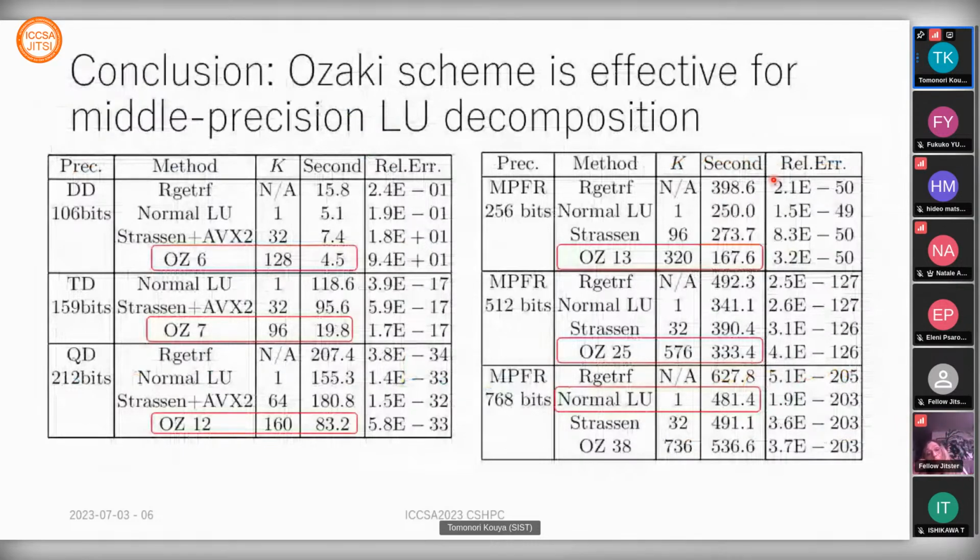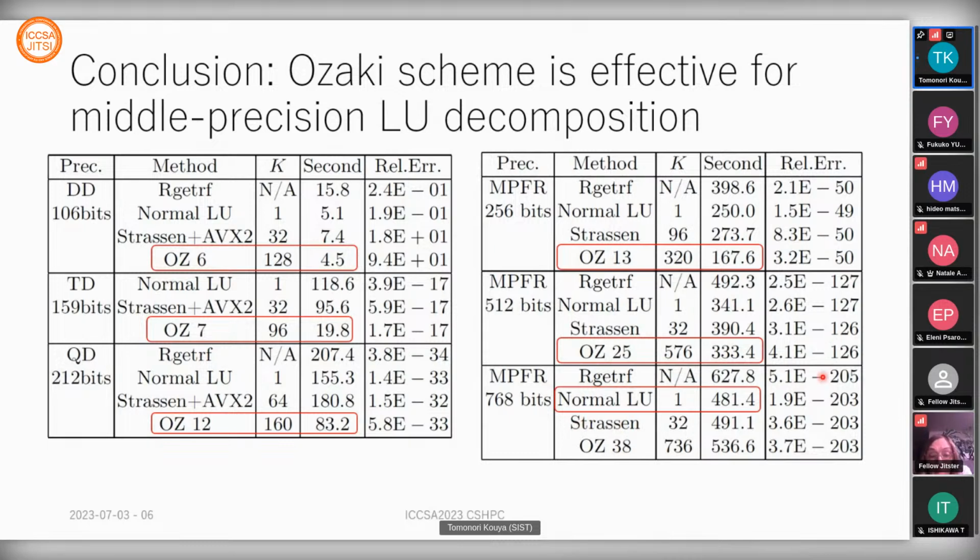So we can conclude that the Ozaki scheme is effective for middle precision LU decomposition. In double, triple-double, and quadruple-double precision, the Ozaki scheme can be the fastest one.